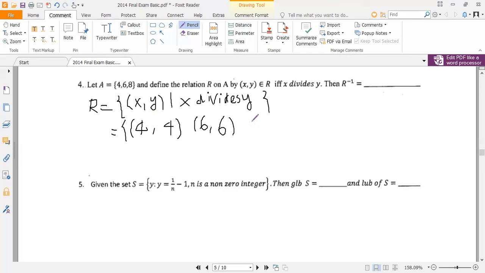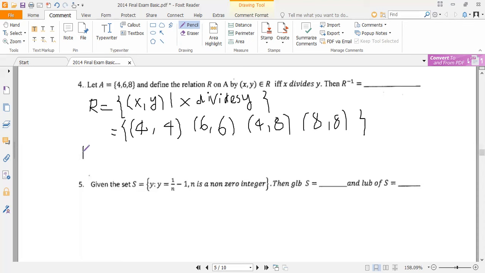And 8 divides 4, sorry, what's left here is 4 divides 8, and the last one is 8 divides 8. So these are the relation R.